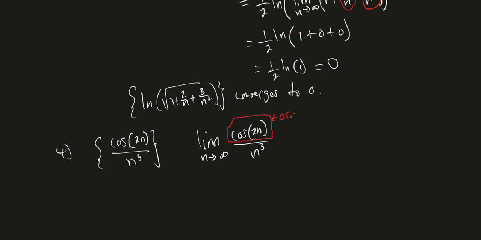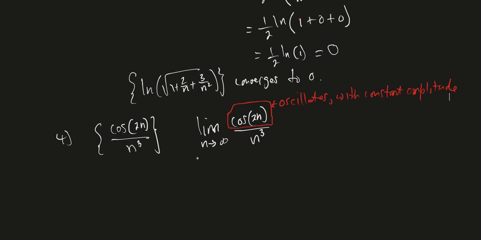So this oscillates with constant amplitude. In other words, it doesn't decay after a while. It just goes between plus or minus 1 indefinitely. And then the bottom gets very, very large, right? So how do we figure this out?